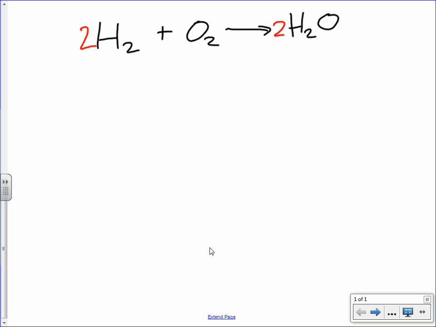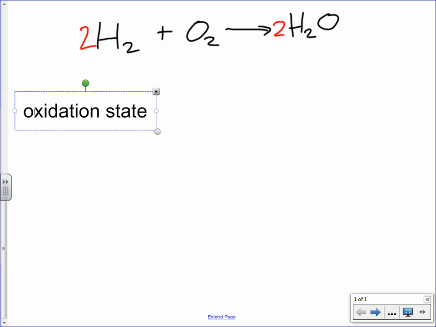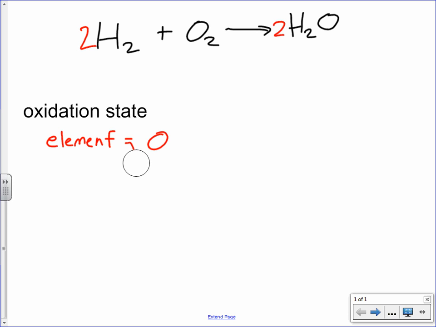So what oxidation state is, okay, oxidation state of an element is going to be 0. Okay? Oxidation state of an element is going to be 0. And I'll show you an example of that in a second. Oxidation state of an ion equals the ionic charge.